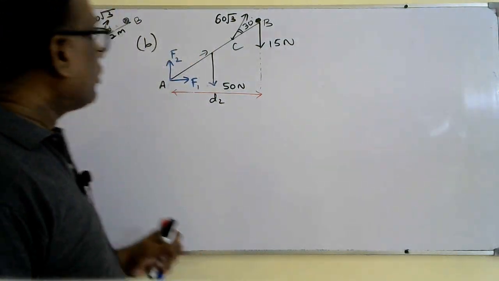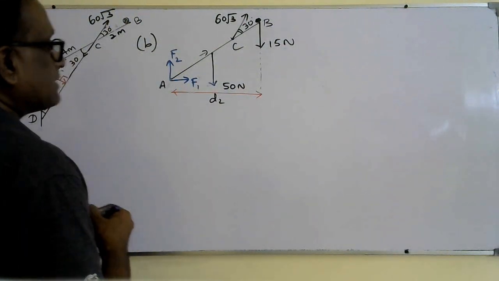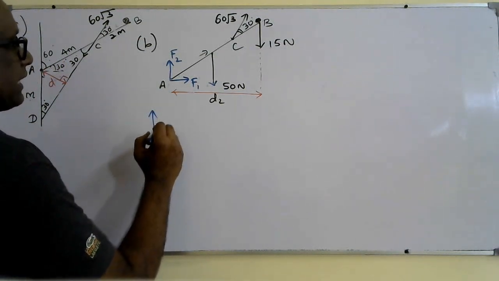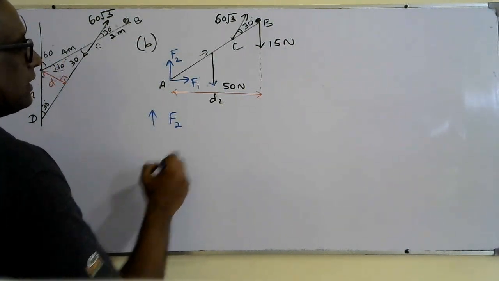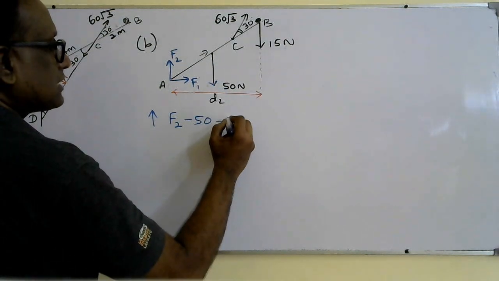So when I resolve all these forces in vertical direction, I should get 0. So F2 upwards, this is 50 downwards, minus, this is downwards, minus 15.